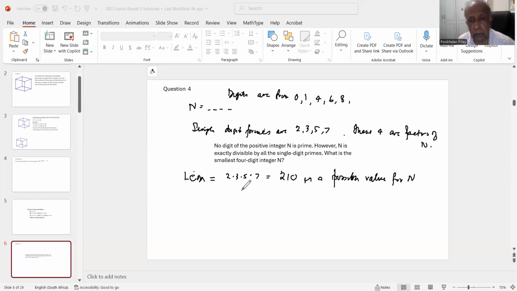The LCM of these 4 numbers is just the product of the whole lot. All right. Now 210, they say, what is the smallest 4-digit number? So 210 doesn't qualify to be a 4-digit number. So I say it's a possible value for n. Now, all such n are multiples of the LCM.